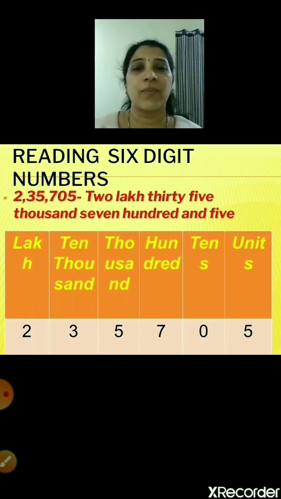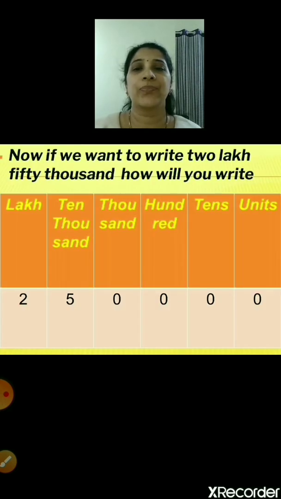So starting from the right, 5 will come in the units place, 0 will come in the tens place, 7 will come in the hundreds place, 5 will come in the thousands place, 3 will come in the 10,000s place and 2 will come in the lakhs place. So when you are reading the number, you will start from the left. So it will be 2,35,705. Let's take one more example.